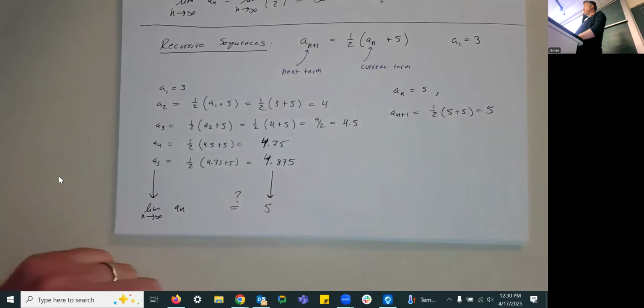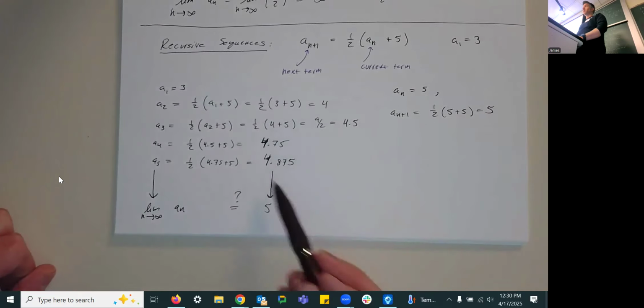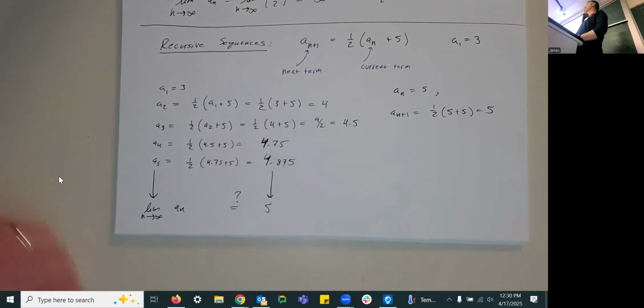And the fixed points are the potential limit values. So since 5 is a fixed point, and since it seems like the numbers are getting closer and closer to 5, it's reasonable to say that, yeah, we think the limit of this sequence is 5.